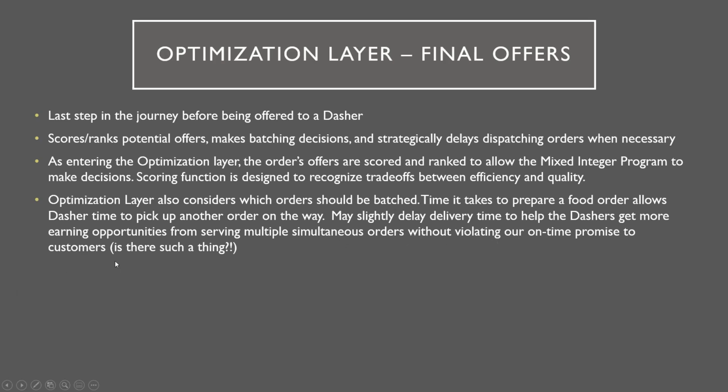Is there even such a thing? I've never even heard of this on-time promise. But so basically, the batch will help us earn more money as dashers, and it helps DoorDash by getting more deliveries delivered in a more efficient manner. So they want to try to batch if they can.